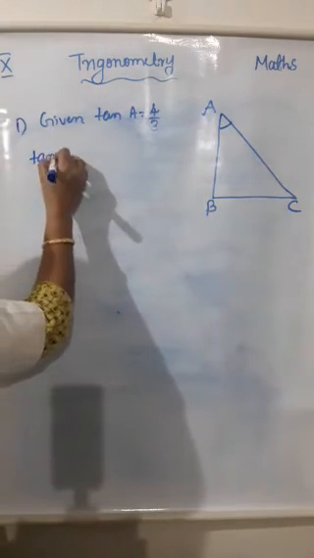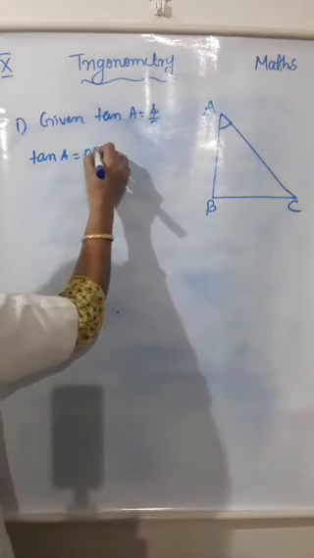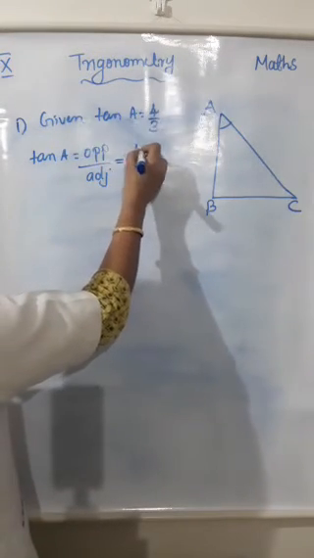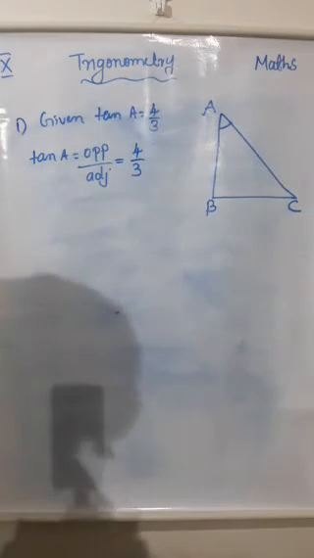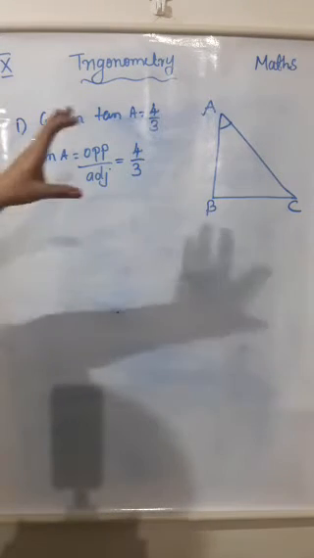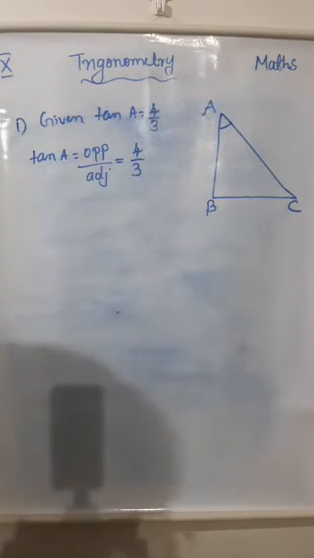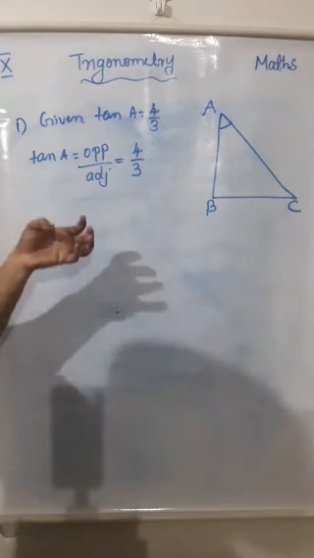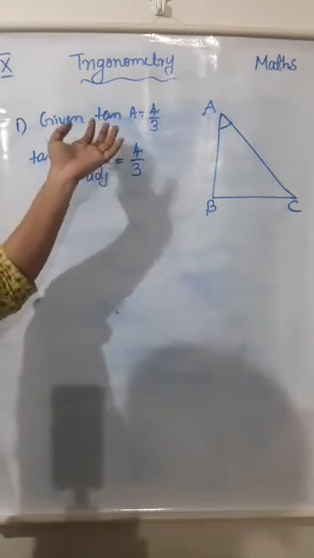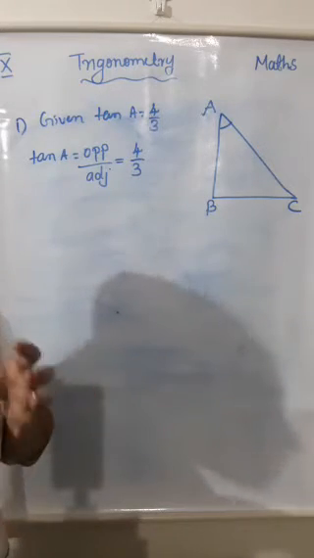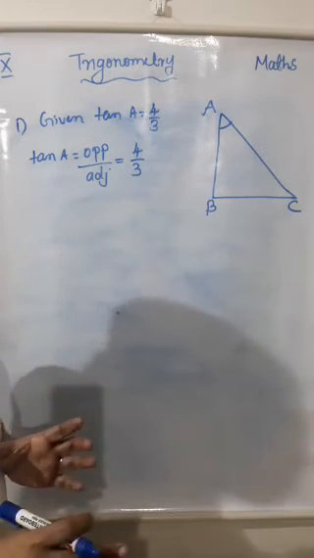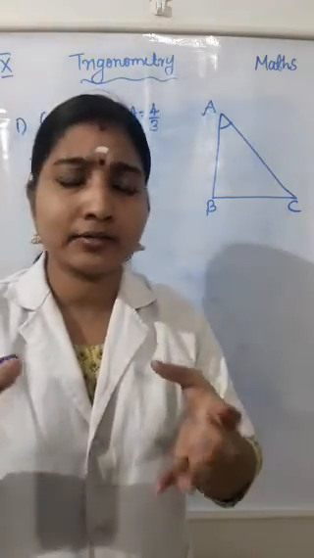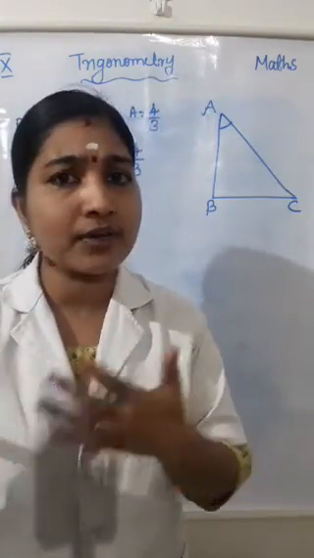The angle A: you know that tan A is equal to opposite by adjacent, that is equal to 4/3. But we can mark 4/3 on the sides of the triangle. Here we are given that tan A is a trigonometric ratio, but it is given as the ratio of the sides. So how can we take the sides, given that ratio?